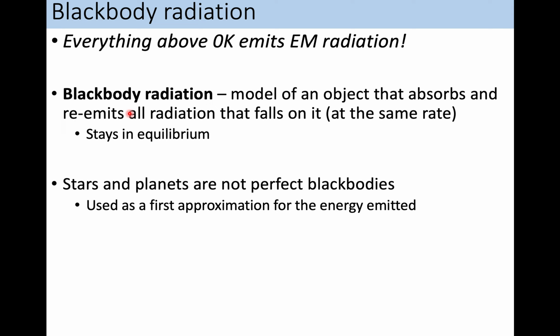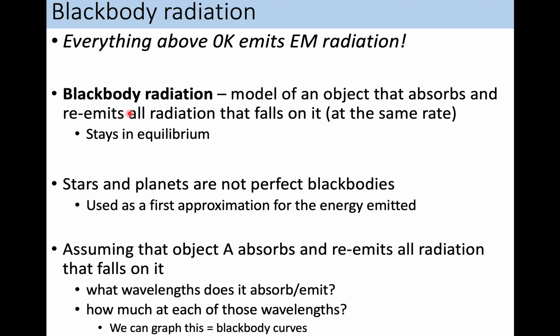Stars and planets are not actually perfect black bodies in real life, but we assume that they are, as a first approximation, in order to be able to understand what's going on and make connections.